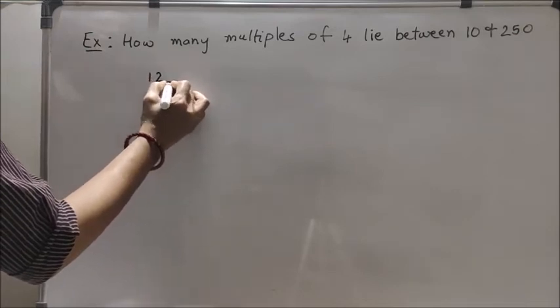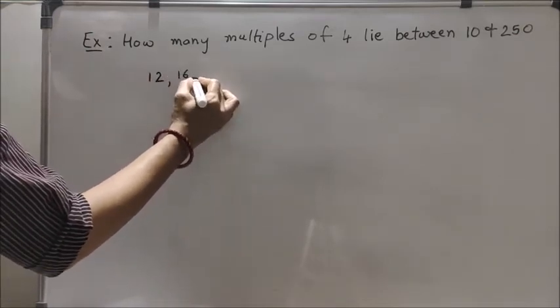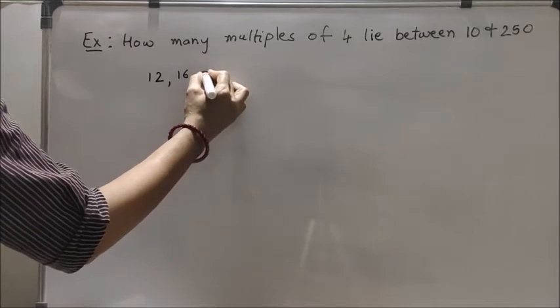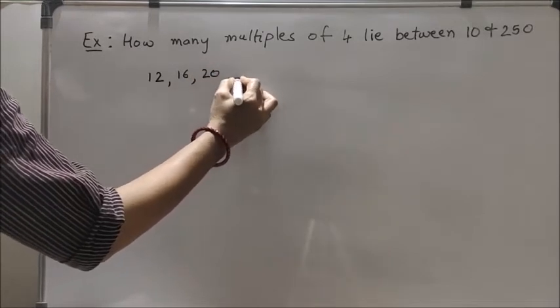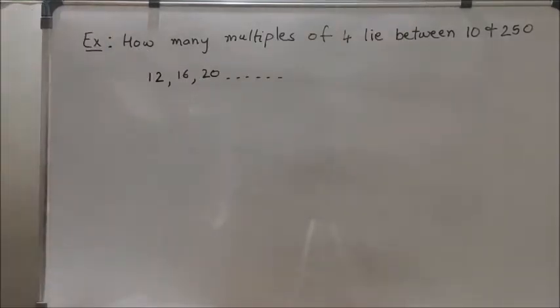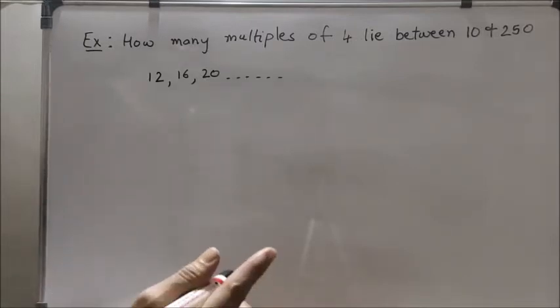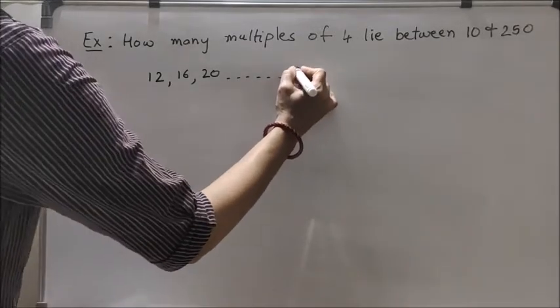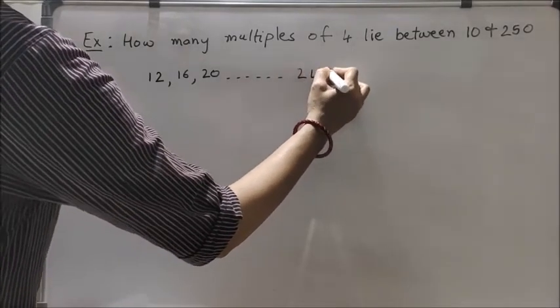So 12 is a multiple of 4, followed by 16, then followed by 20, and the last term should be just before 250. What is the multiple? You know the divisibility rule for 4 is last 2 digits should be divisible by 4, and that is 48. So it will be 248.